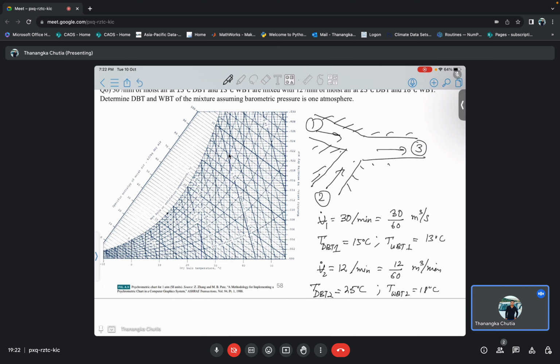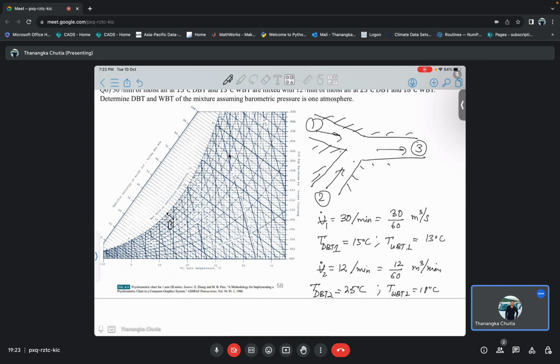Now from here we can draw an inclined line up to 15 degrees Celsius. So this is your point number 1.